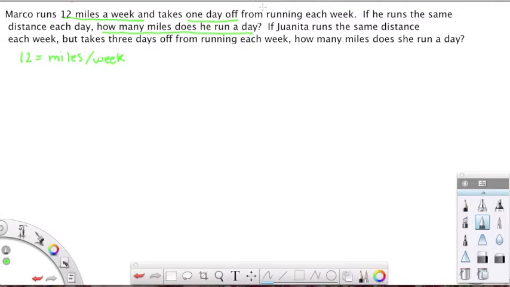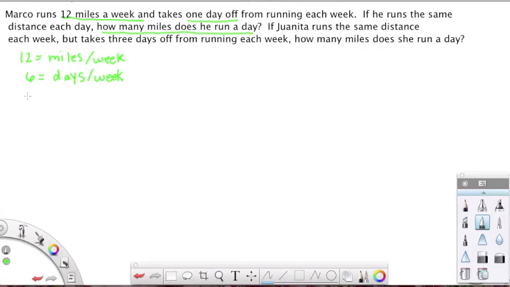Well, 1 day off a week means that there's 6 days left, so he runs 6 days a week. That's good to know. But what the question asks is, how many miles does he run a day? It doesn't tell us that. Sounds like that's our unknown, that's our variable.